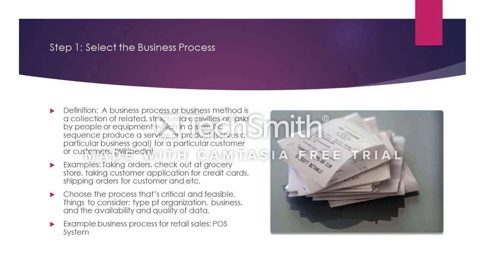You need to consider the type of business or organization you're working for, what's the objective or the mission of the business, and if the data is really available. In our tutorial, we'll be using retail store as an example to design a data warehouse. A good example of critical business process in a retail store is point of sale system.